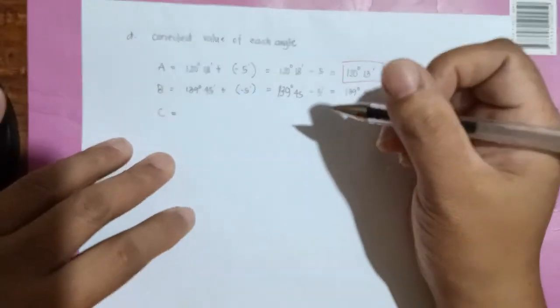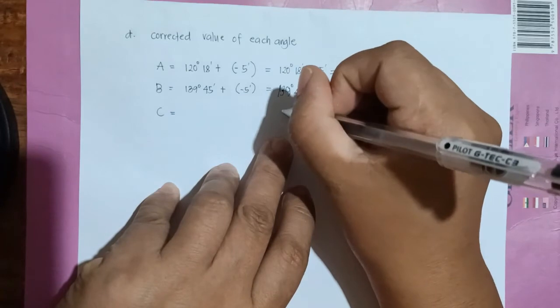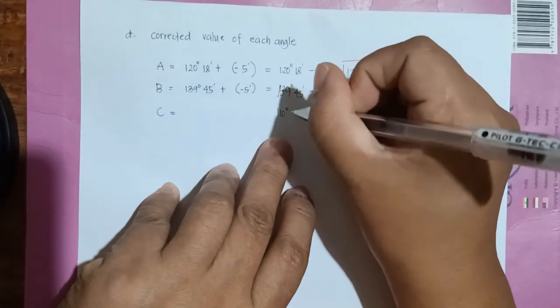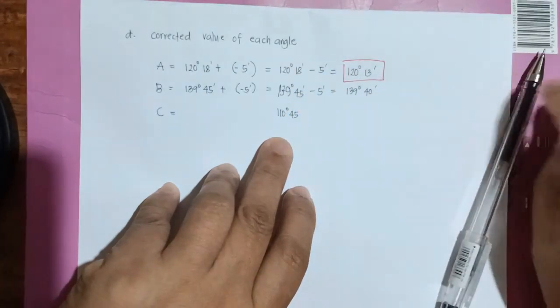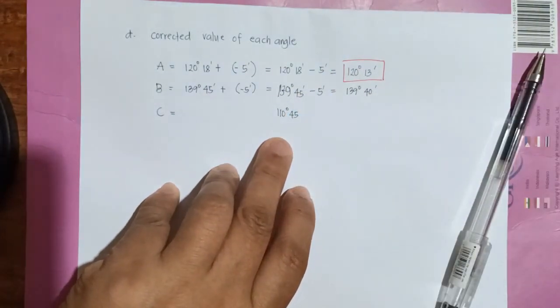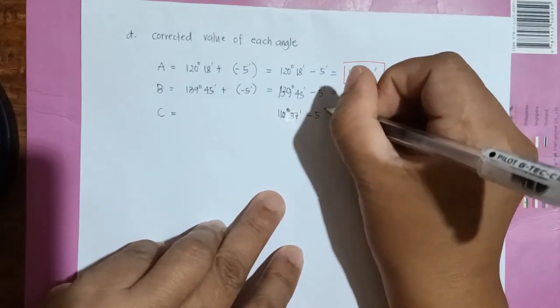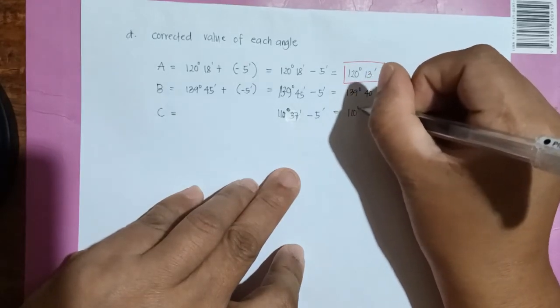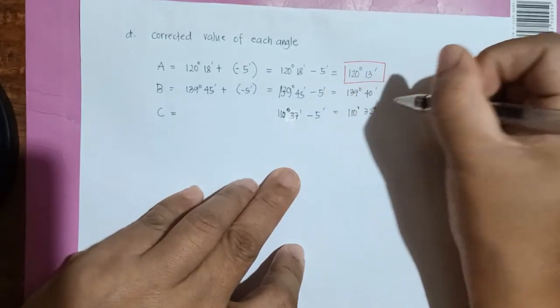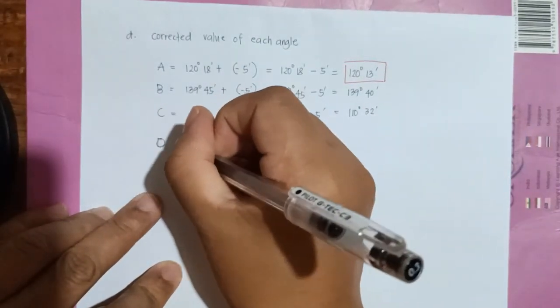Same process. C is 110 degrees, 37 minutes, sorry, minus 5 minutes, and of course it is equal to 110 degrees and 32 minutes.